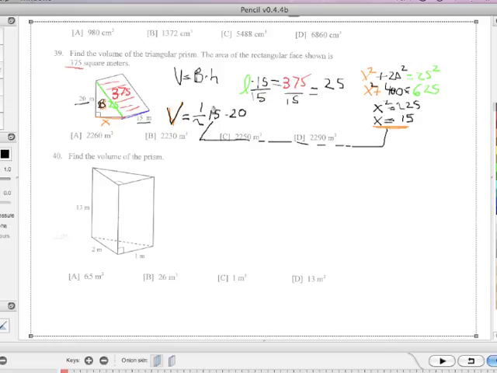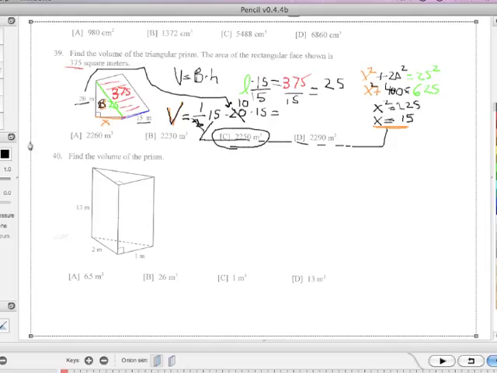This 20 is from over here, right? So there's the area of the base, and the height times 15. You multiply this all out, you should get 2250 cubic meters. I would cancel this 2 with this 20, leaves 10, before I would do the multiplication. 15 times 15 is 225, times 10 is 2250.